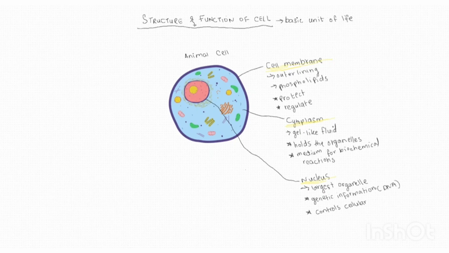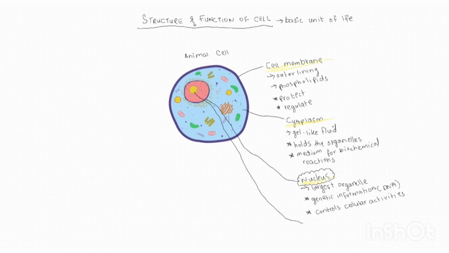So you can think of the nucleus as a brain. This is basically what controls everything that's happening inside the cell. So I'll draw it out like this just so you remember it as being the brain of the cell. It controls the cellular activities, holds the genetic information, and is the largest organelle in the cell.